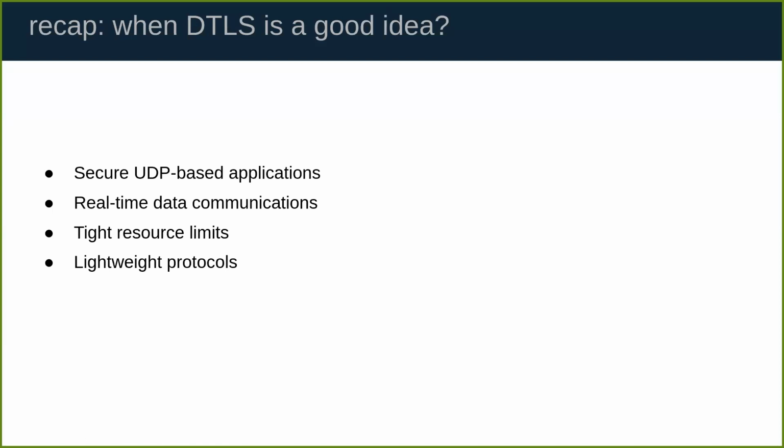And other lightweight protocols, for example VPNs, where you don't want to add any extra overhead or reliability on top of whatever the host is already doing. And there are also many other scenarios or applications where you might consider DTLS to be more relevant than TLS.